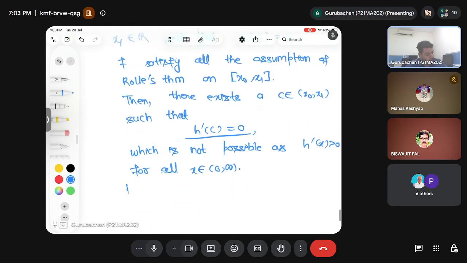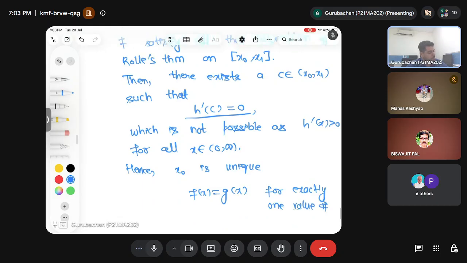Hence x naught is unique, or you can say that f x equals g x for exactly one value of x. Is it clear?